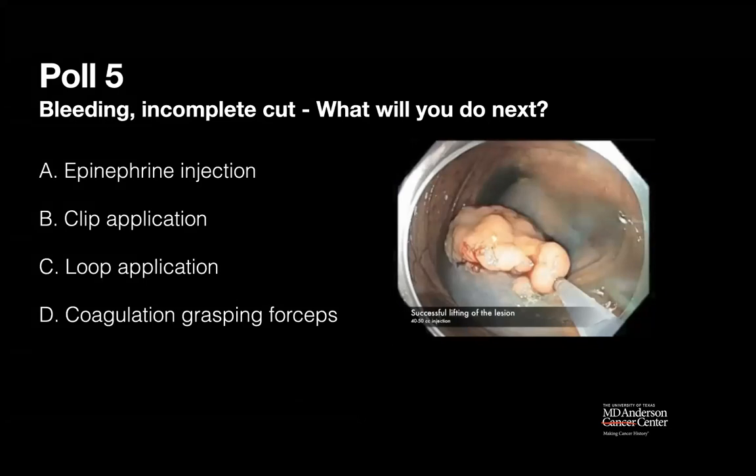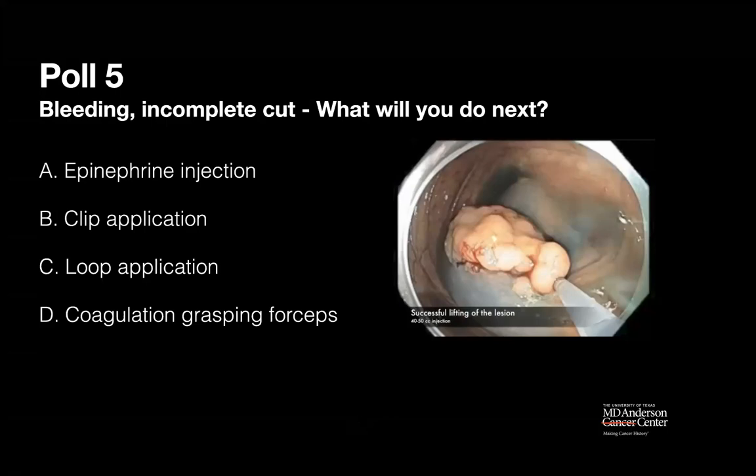I think the bleeding in the short movie that we had didn't look massive. It's probably arterial. So it would be easy to just use grasping forceps to take care of it.